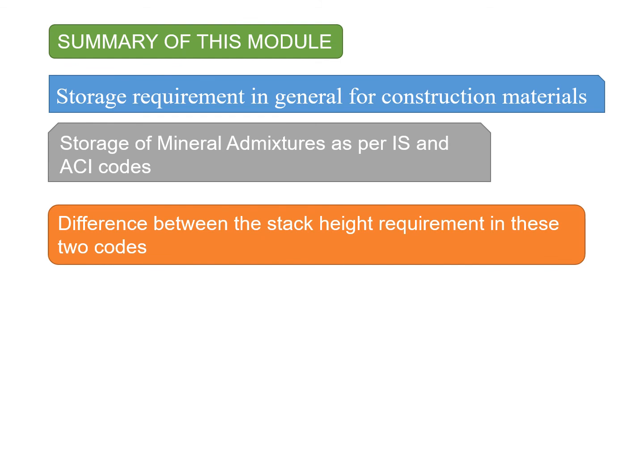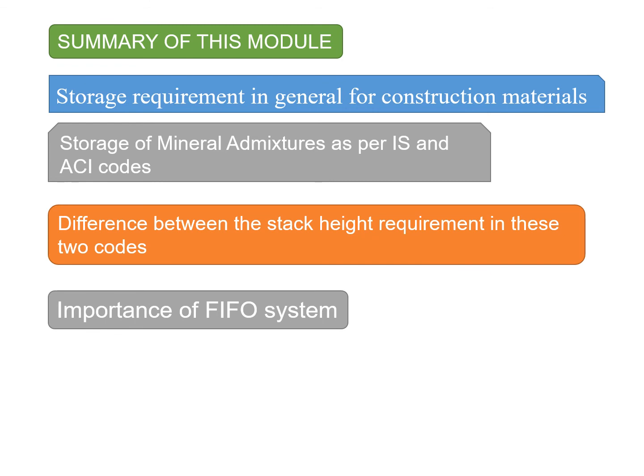We also covered the difference between the stack heights given in these two codes, and the importance of FIFO systems in adopting the use of mineral admixtures, because ultimately all the chemical admixtures are guided by the manufacturer's guidelines as far as the shelf life of the material is concerned.